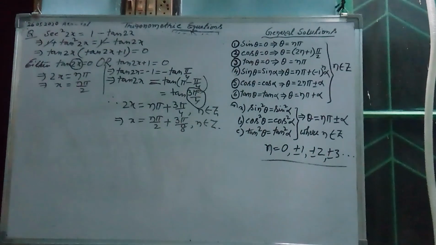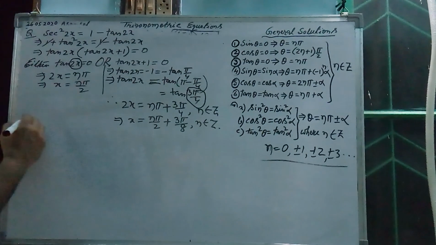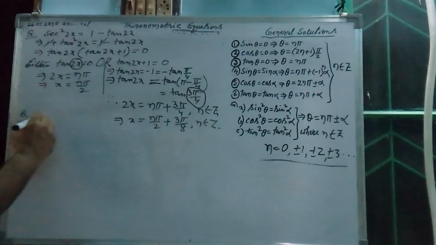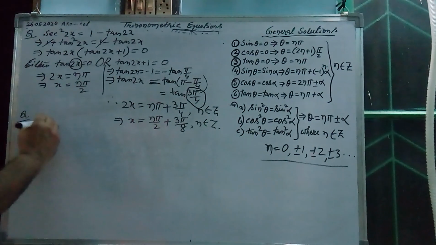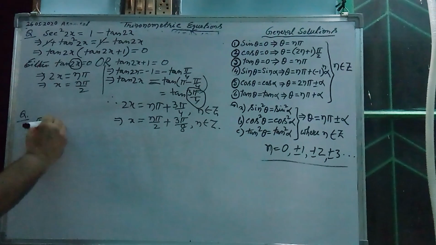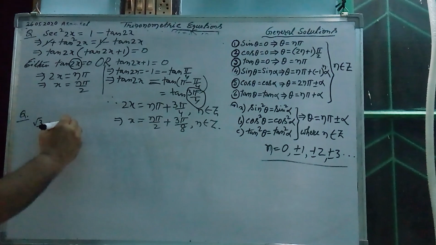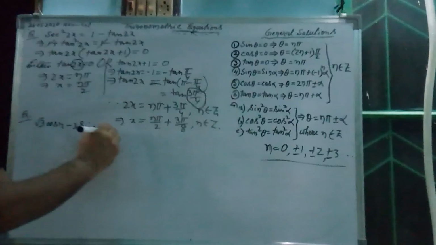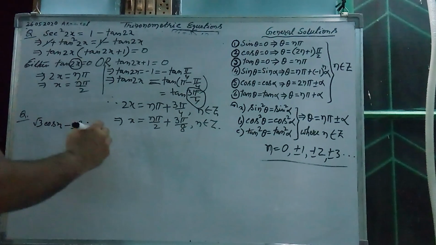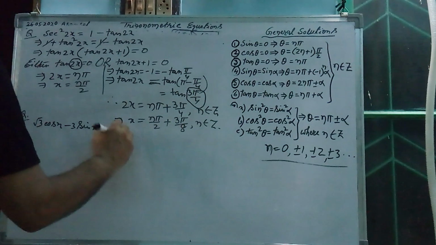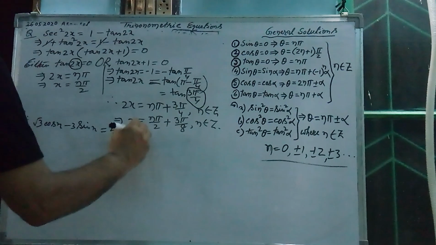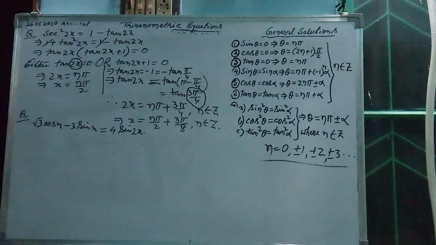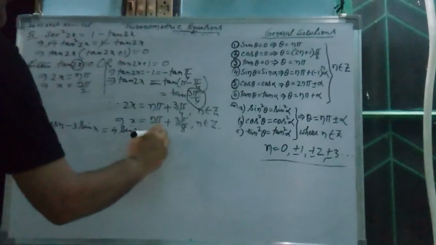Next question. Suppose root 3 cos x minus 3 sin x is equal to 4 sin 2x cos 3x, given.